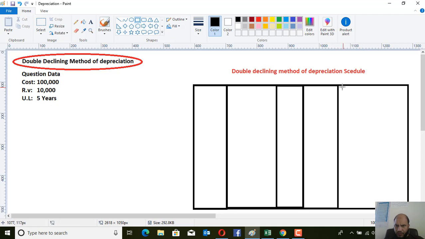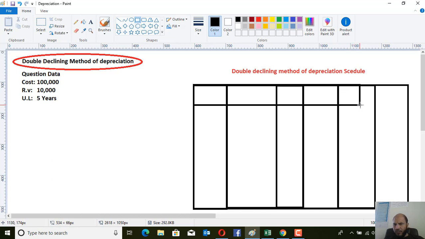And dear students, the fifth column is for the accumulated depreciation expenses. And the last column is for the book value of the asset. Let's prepare it a little bit quickly. This row is for the titles.